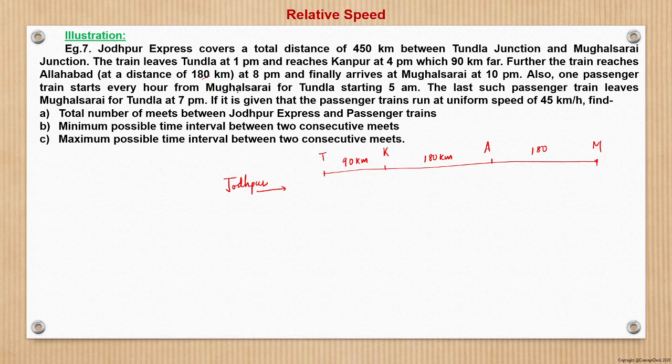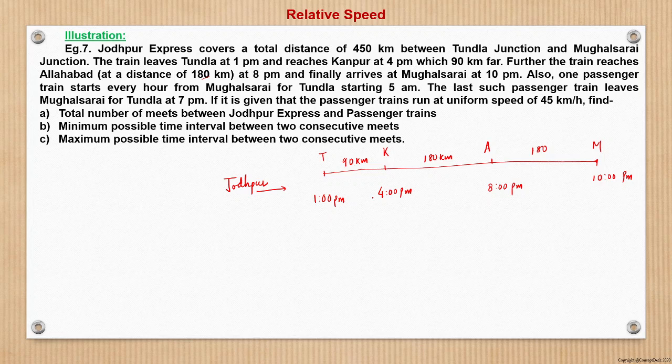Now the train leaves Tundla at 1 p.m., reaches Kanpur at 4 p.m., which is 90 km far. Further, the train reaches Allahabad at 8 p.m. and Mughal Sarai at 10 p.m.